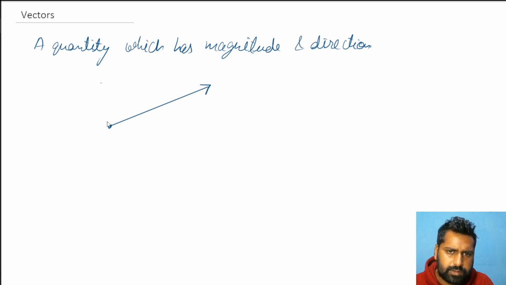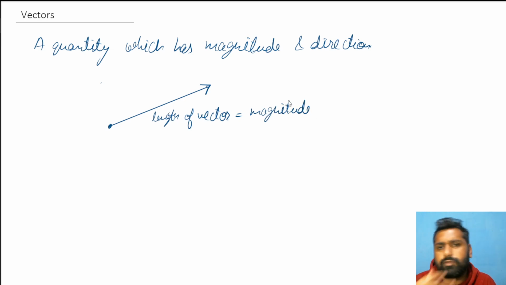It has a starting point and a terminal point, and this length represents its magnitude. So the length of the vector is equal to the magnitude.